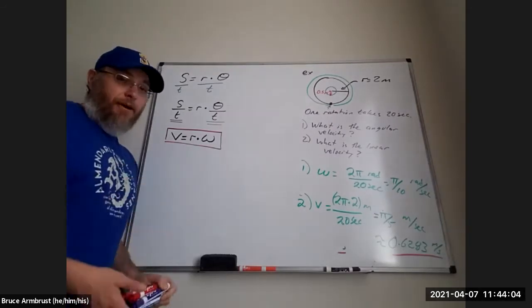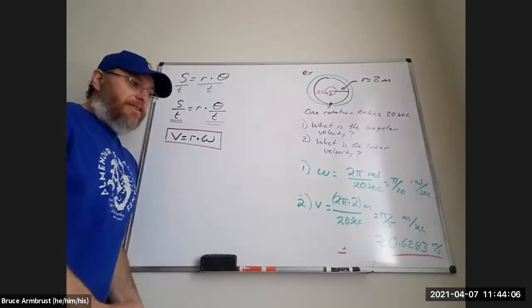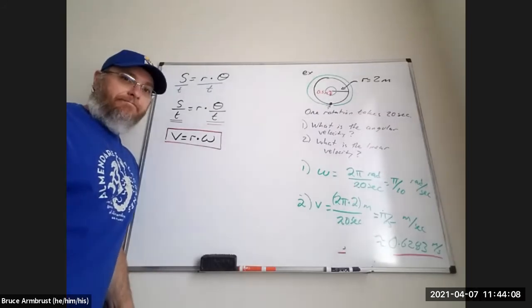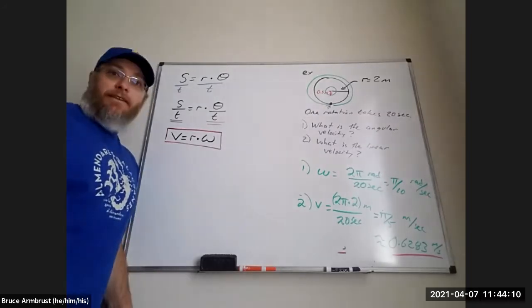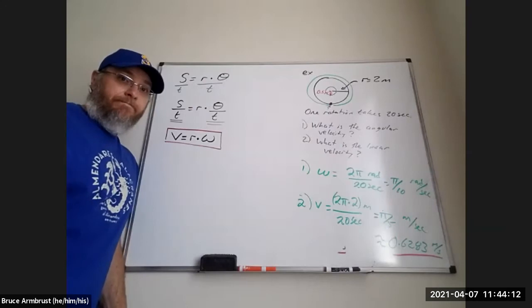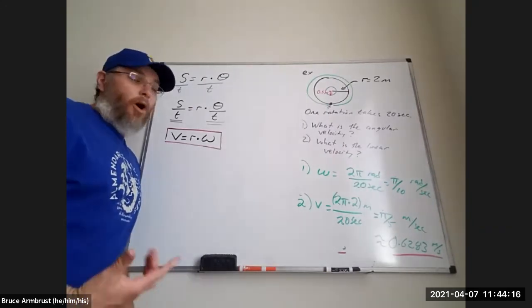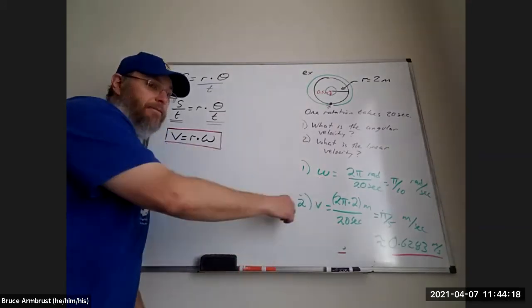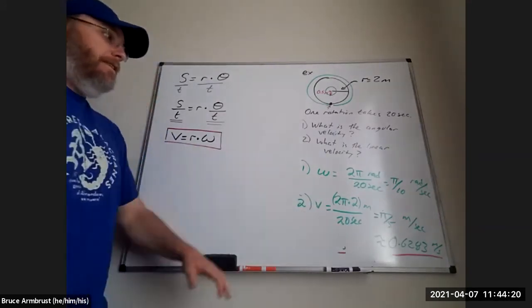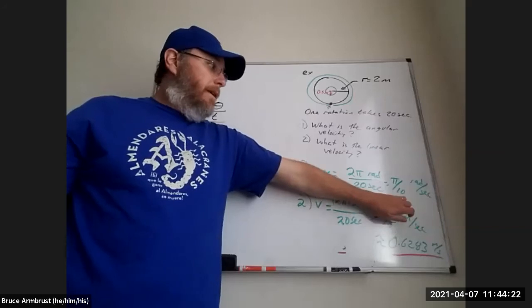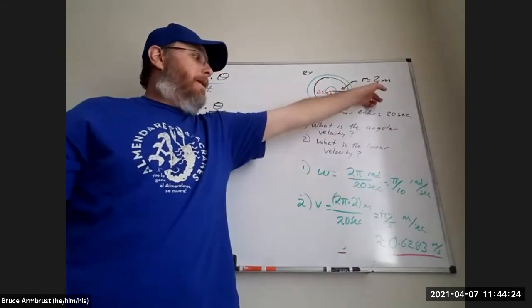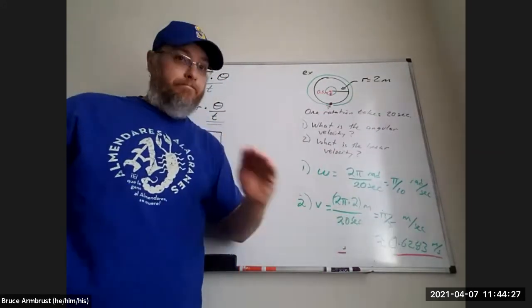I bring this up because it's actually a faster way of finding your linear velocity. You don't have to find the circumference of the circle. You don't have to find the arc length that we traveled through. All you need to do is take your angular velocity and multiply by the radius. So once we got omega, we could have taken pi over 10, multiplied by 2, and there's our answer. Fast.